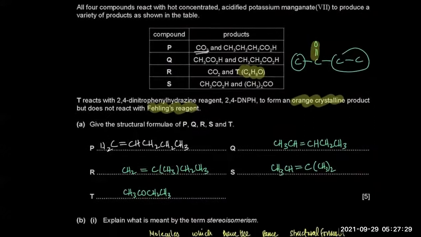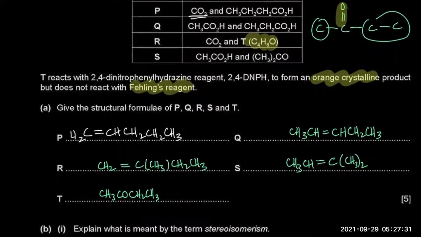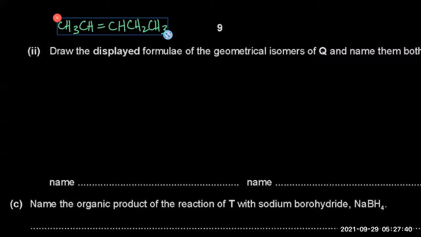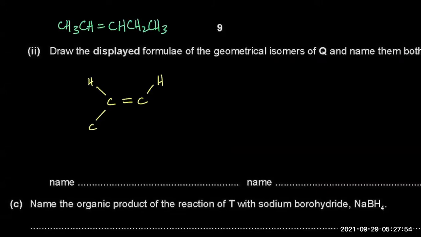Okay, so Q, we just saw this guy. This is Q. I'll just copy paste this guy over there. So this is what we had for Q. There was a carbon double bonded to a hydrogen, right? And then we had a CH3 and a CH2CH3. Okay, you can draw it like this.